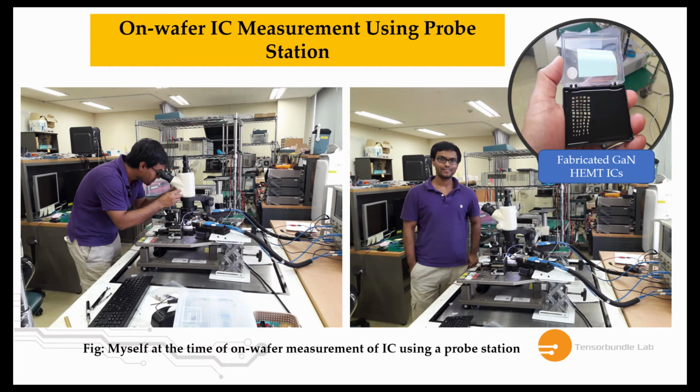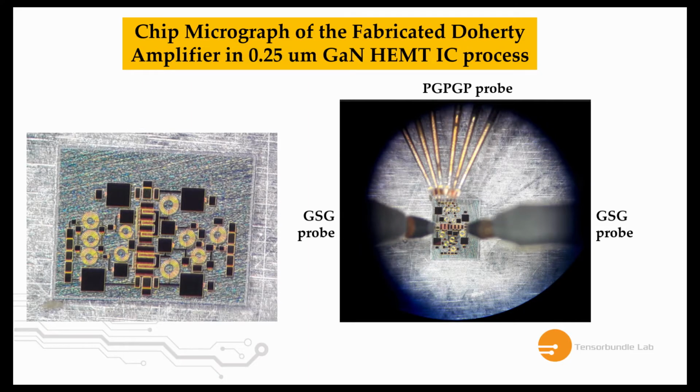And I have another video which shows how to measure an IC on a probe station by using a microscope and RF and DC probes. So this is the fabricated real IC of the Doherty amplifier that I just showed a moment ago, and we fabricated it using a commercial foundry, and this is a micrograph taken directly from the microscope when I was measuring the Doherty amplifier.